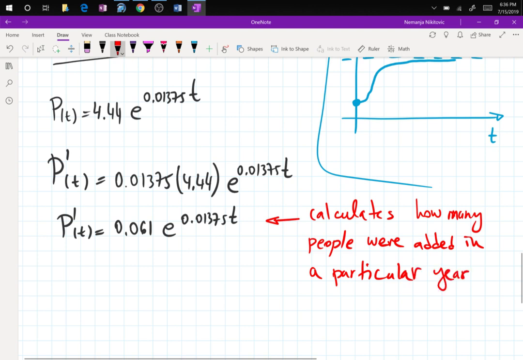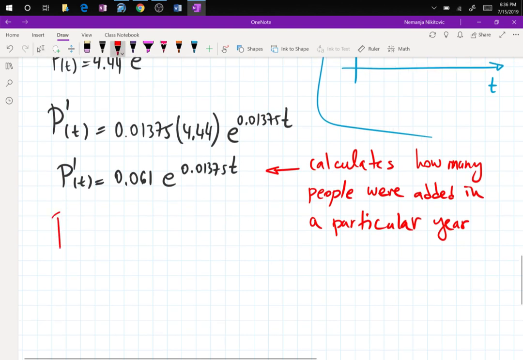So if you're interested in how many people are going to be added to the population this year, you would compute P prime of 39, and that calculates how many people you're adding in 2019.